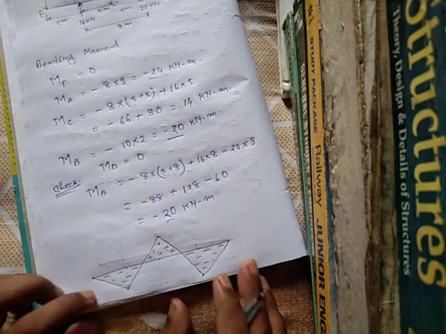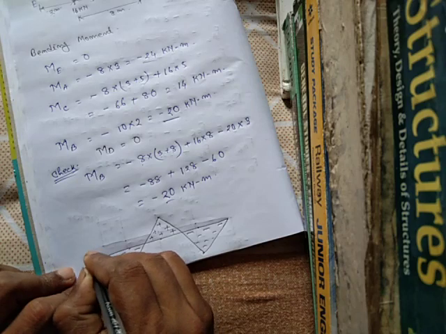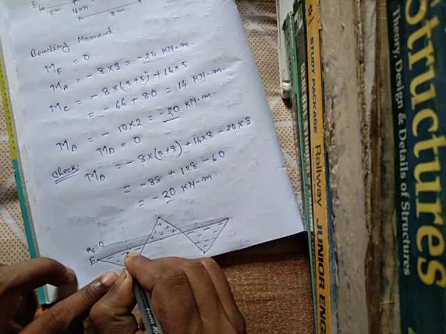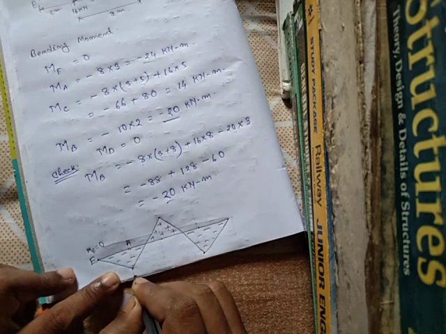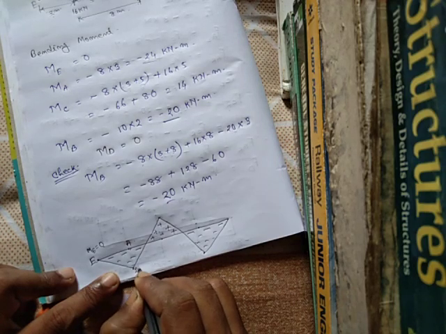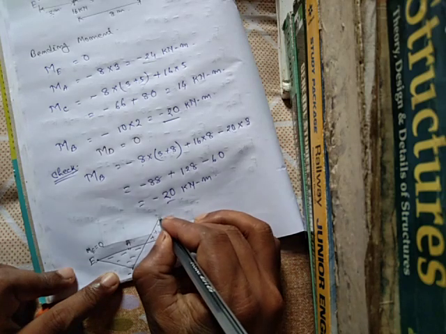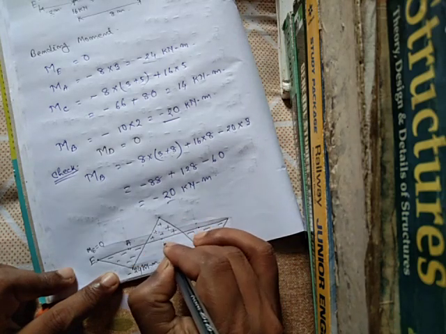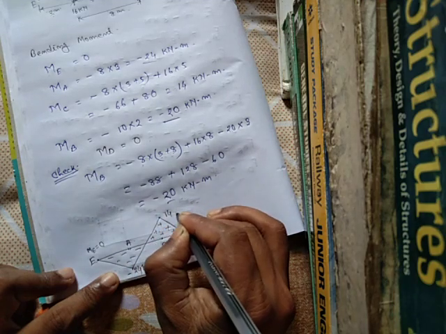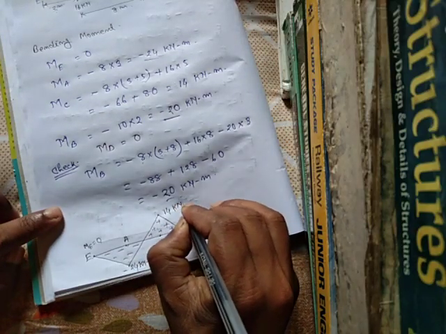Now put the values. Bending moment at point E is 0. At point A, the support point, bending moment is minus 24 kilonewton meter. Bending moment at point C is equal to plus 14 kilonewton meter.